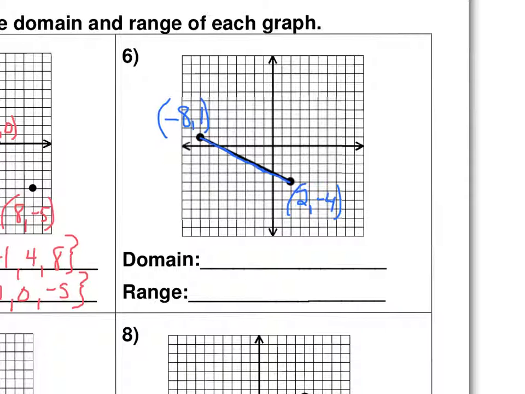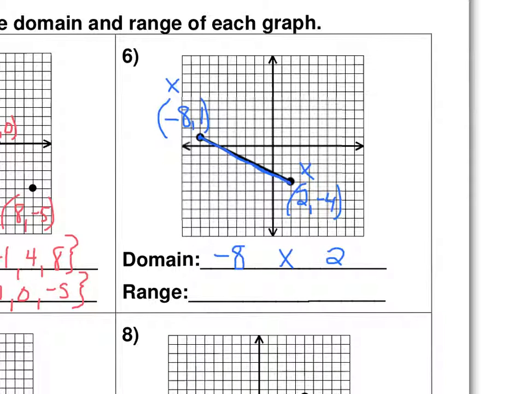Now it starts at -8, so the way you do that, remember this is your x, and that's your x. So your x values go from -8 all the way to 2. So the way you write that is your domain starts with -8, and then it ends with 2, and so your x values are in between and included in -8 and 2.